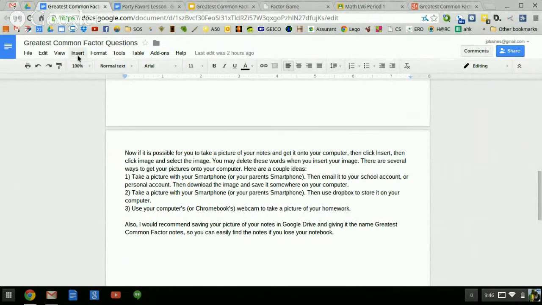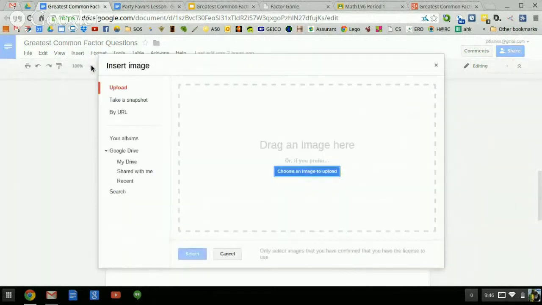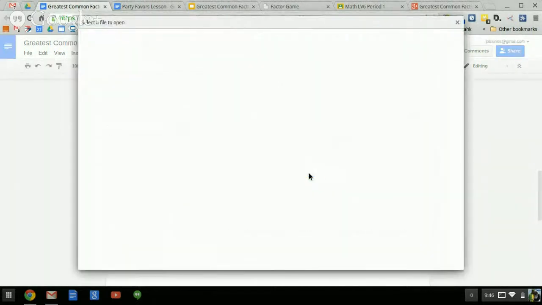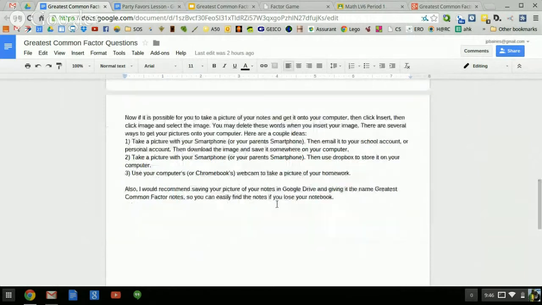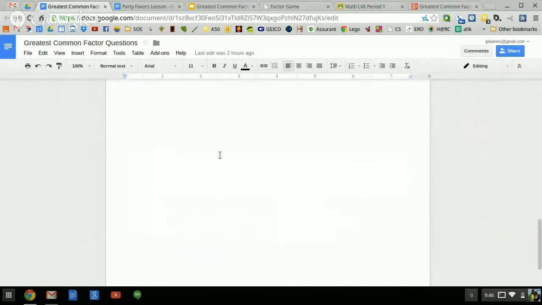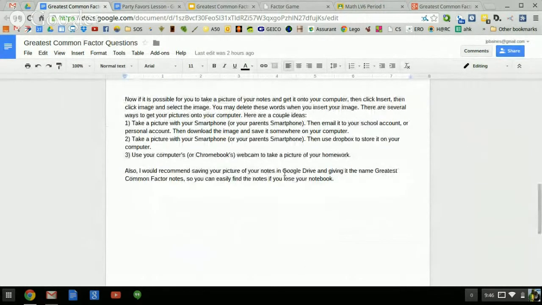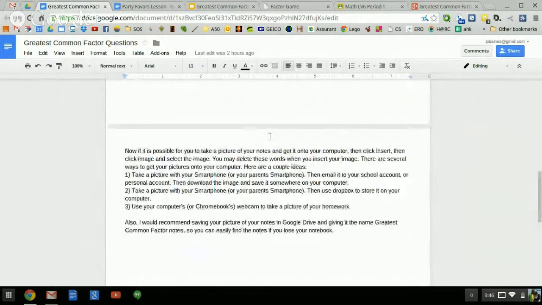Then you're going to click Insert, Image, find the image on your computer, and then double click it. When you do that, it'll show up in here. Okay, and you'll be done with that, and you can delete this whole thing.